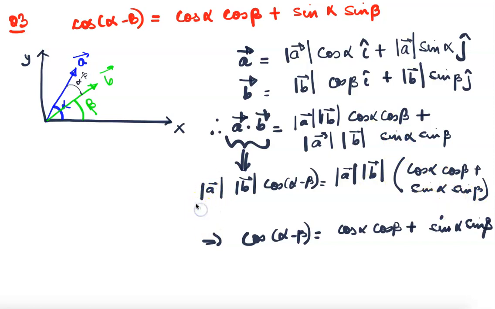So we can cancel this with this, and we can cancel this with this. So we get cos(alpha minus beta) equals cos alpha cos beta plus sin alpha sin beta, which is basically the property we wanted to prove, right? So you can use dot product to prove cosine formula or trigonometric identities.